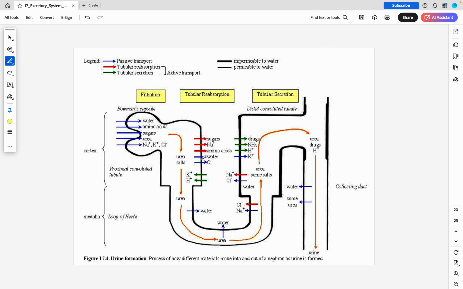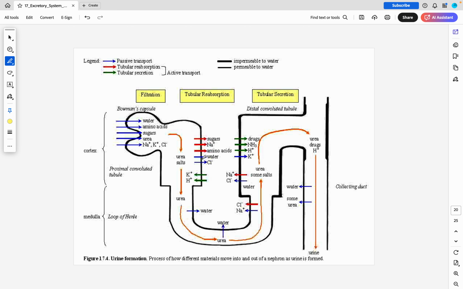I've discussed this already. So here, this slide shows us a schematic of what materials are transported or reabsorbed within the tubular region of nephrons. Within or exiting the Bowman's capsule, water, amino acids, sugars, urea, and ions such as sodium, potassium, and chlorine are all transported.